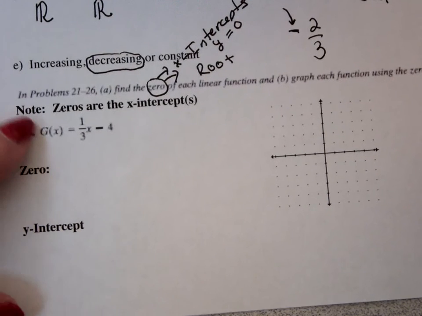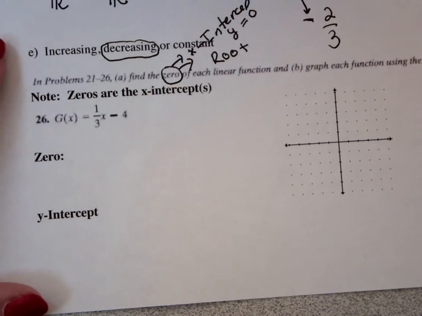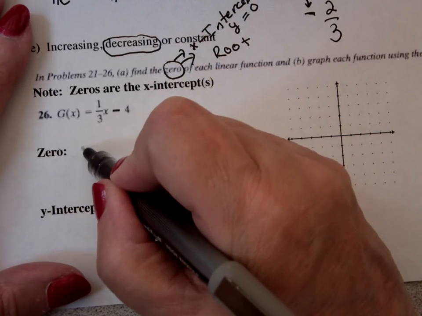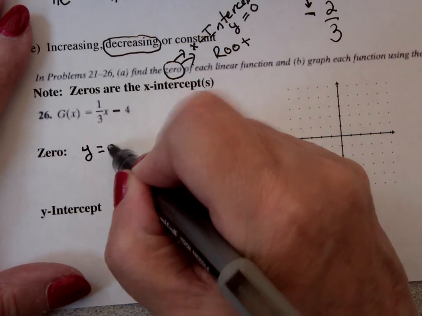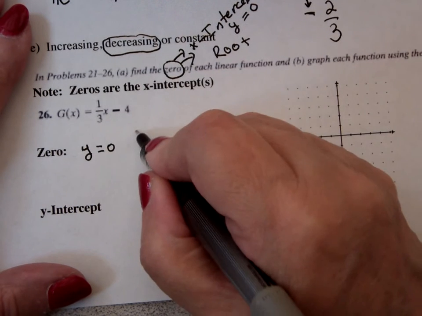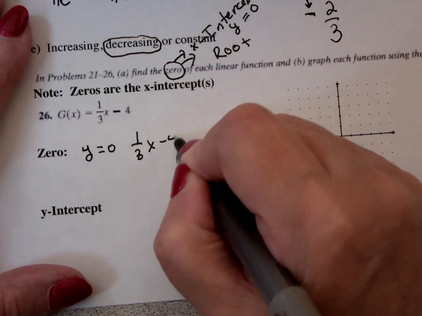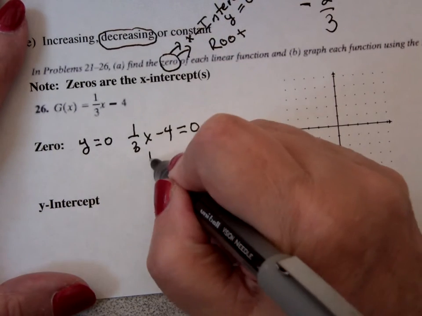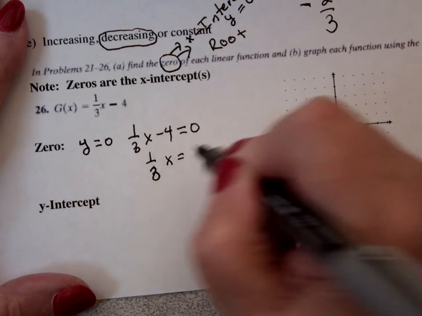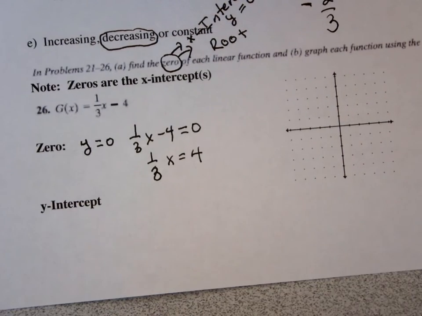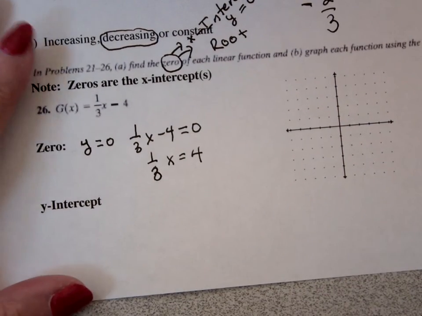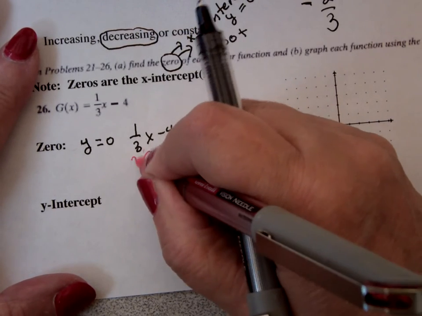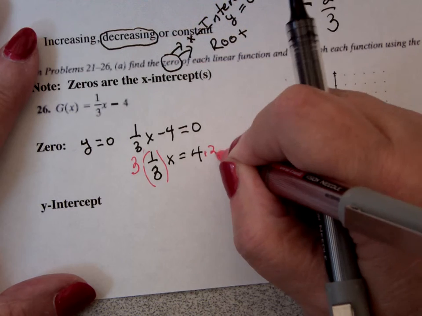So if I look at the zero, it means that y equals 0, or 1/3 x minus 4 equals 0, or 1/3 x equals 4. Now, instead of dividing both sides by 1/3, I need a 1x. So I'm going to multiply both sides by 3.